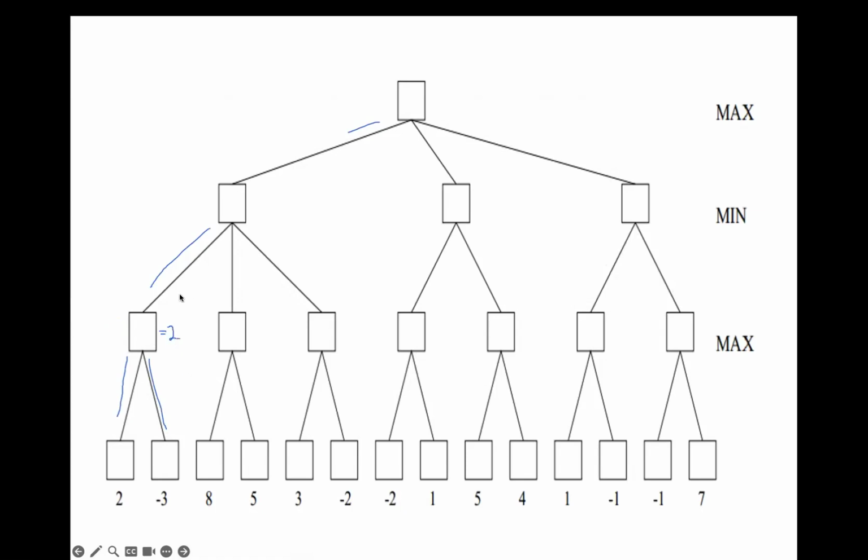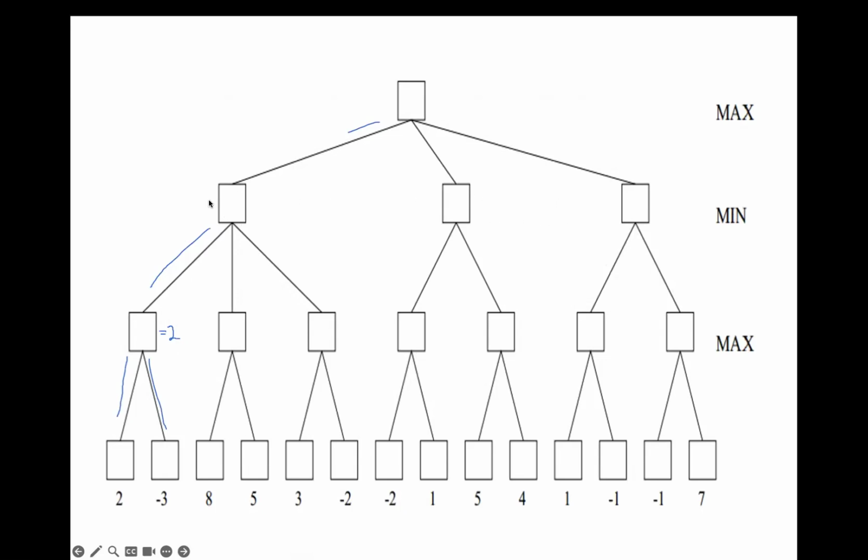Okay. Now, we are supposed to propagate this value upwards. So far, we have only considered this branch. So now we are going to try and see this side. Now, before we go this side, one thing that we know is here, this is a 2. It's the alpha value we have seen so far. So now at this level, this is a minimizing level.